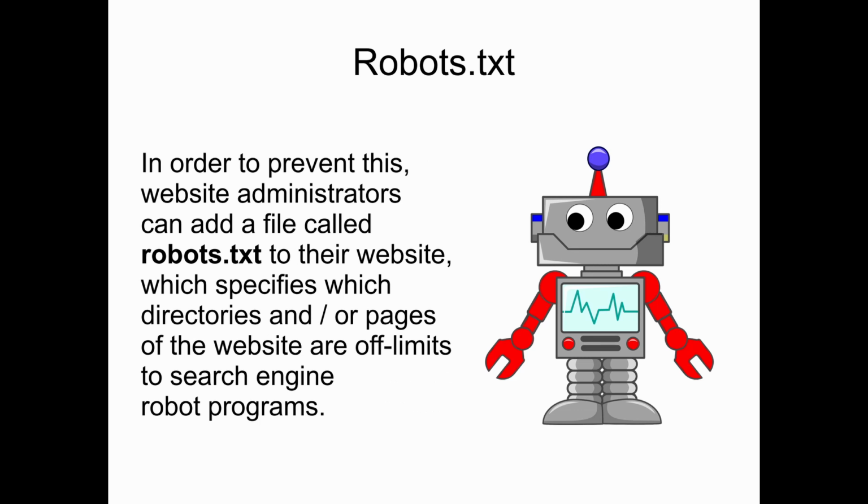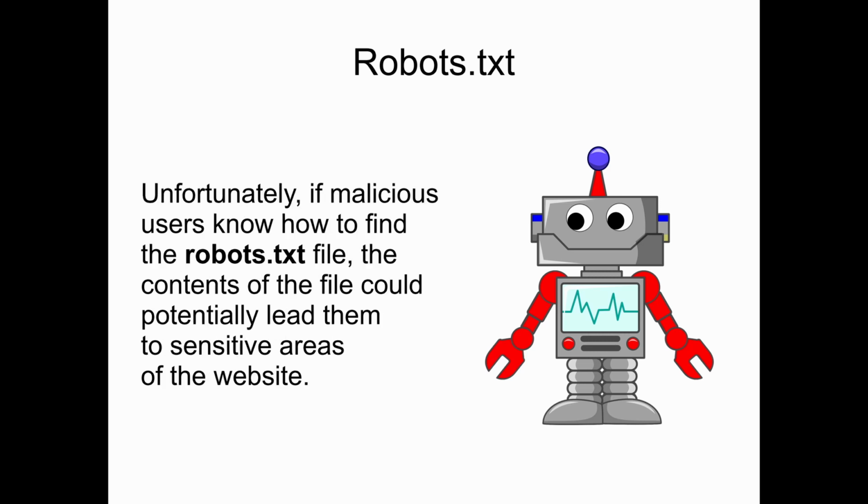In order to prevent this, website administrators can add a file called Robots.txt to their website. This file specifies which directories and/or pages of the website are off-limits to search engine robot programs. Unfortunately, if malicious users know how to find the Robots.txt file, the contents of the file could potentially lead them to sensitive areas of the website.